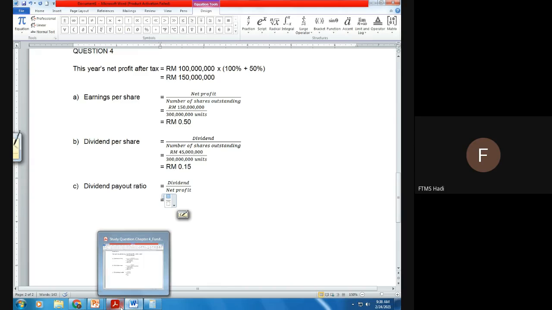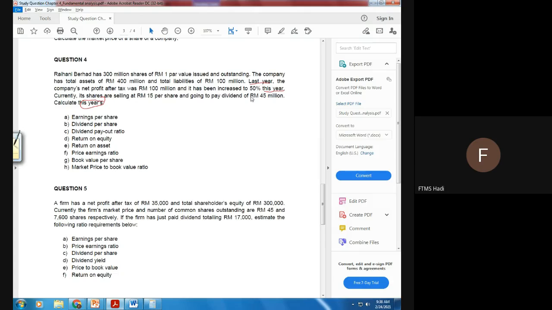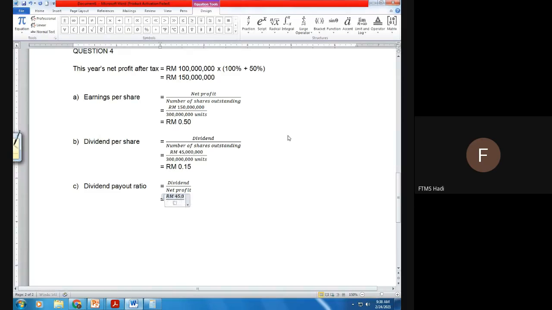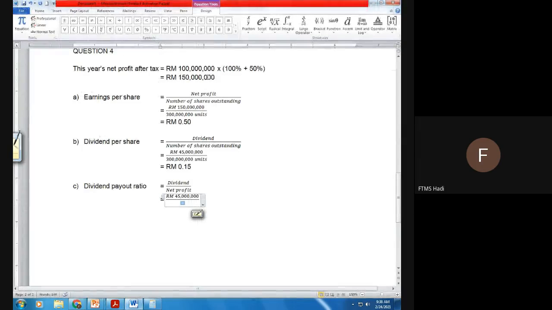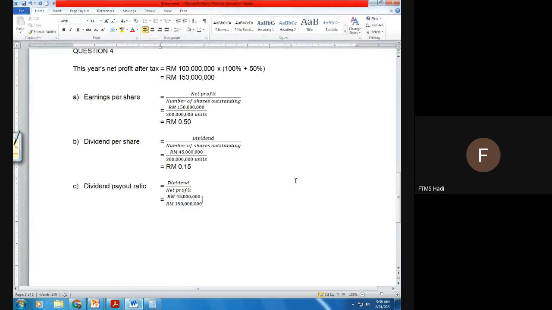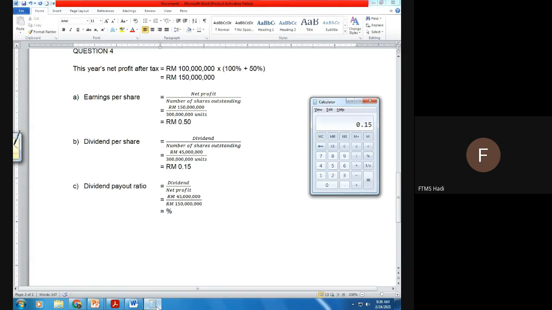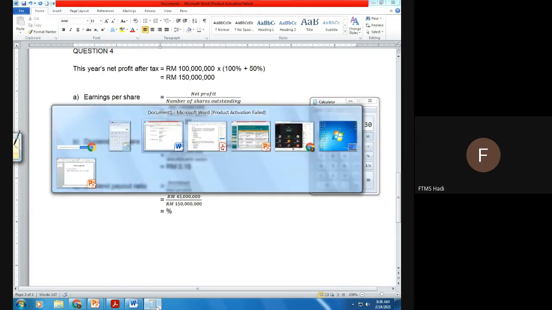Okay, that's the question. Dividend, this one, 45 million. Net profit. Okay, net profit tadi. Yang mula-mula, this one. Net profit after tax, this one. 150 million. Answer in percentage. So you kena kali, you kena kali 100 percent.